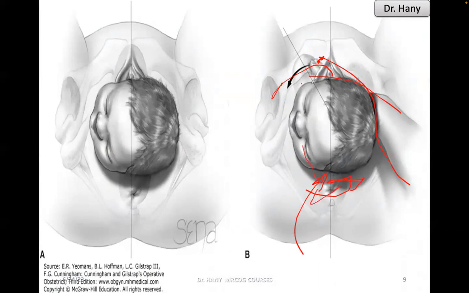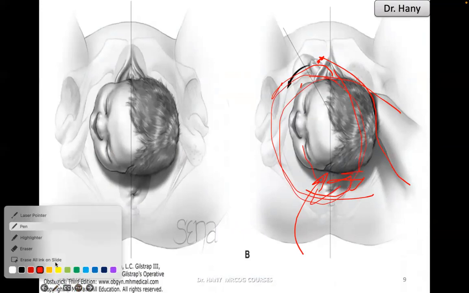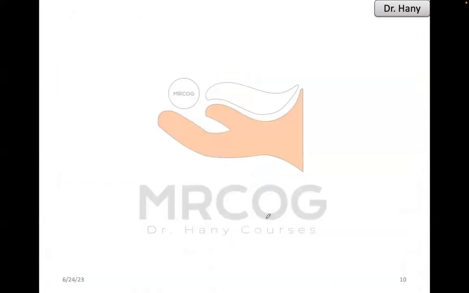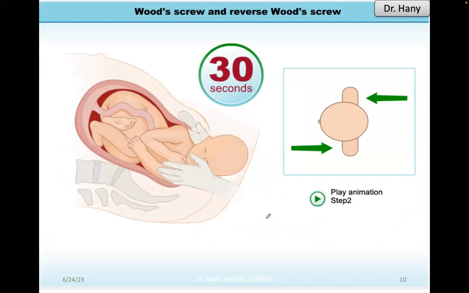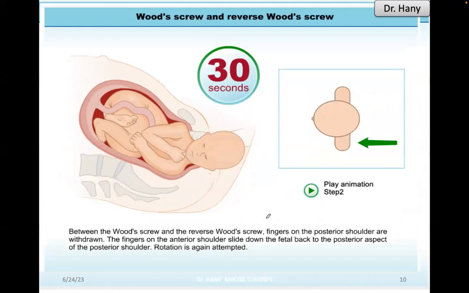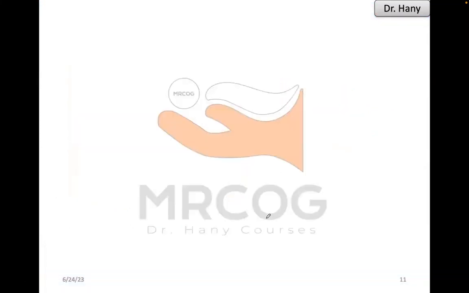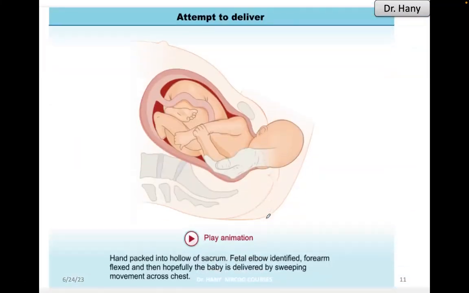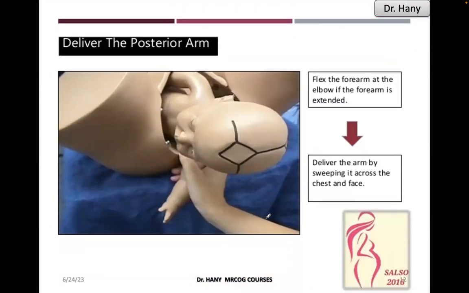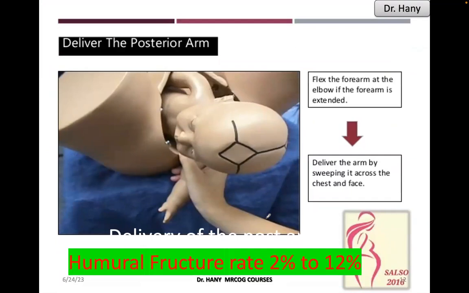Failed, I will remove this and put my right hand here to rotate the baby clockwise in the other direction. These are the three internal rotations which come in the exam. Woods screw and reverse Woods screw in the other direction. Every maneuver for 30 seconds. Delivery of the posterior arm has a risk of about 2 to 12% fracture of humerus.